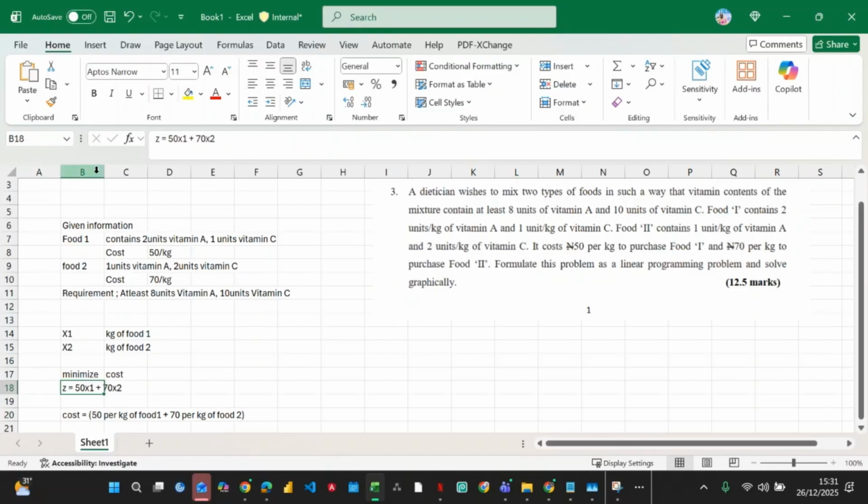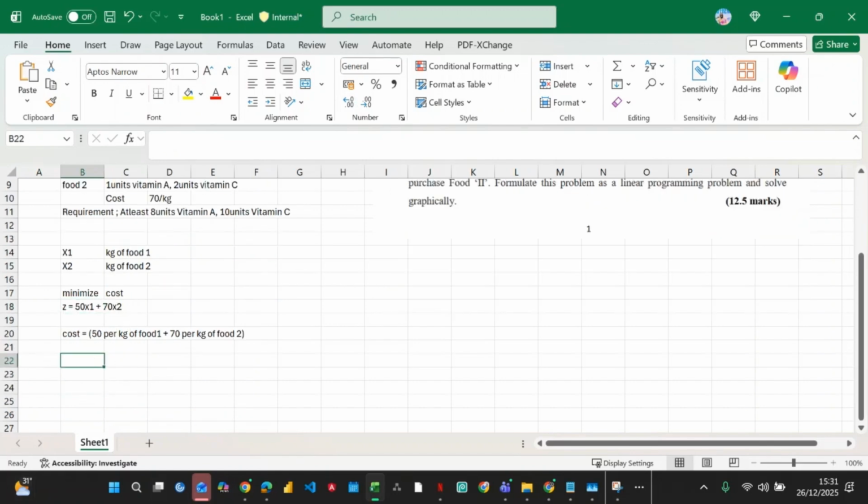Now we look at the constraints. What are constraints, if you may ask? Constraints are just restrictions, limitations.